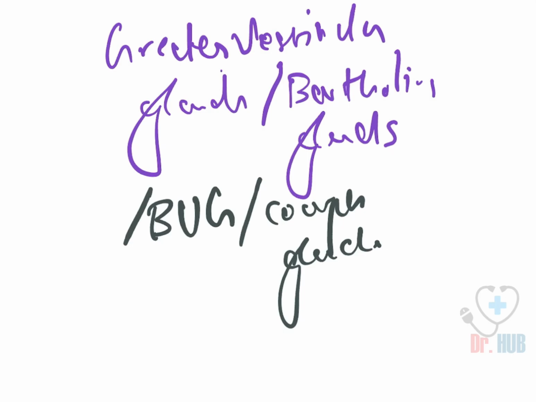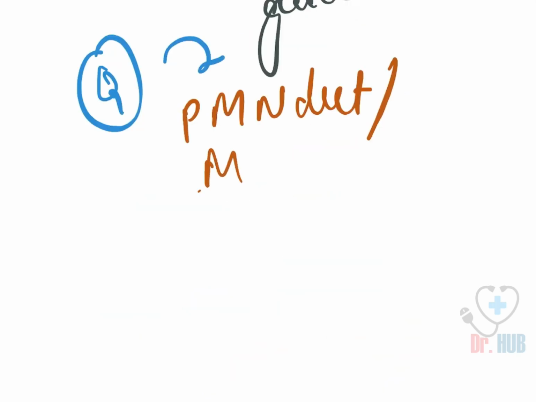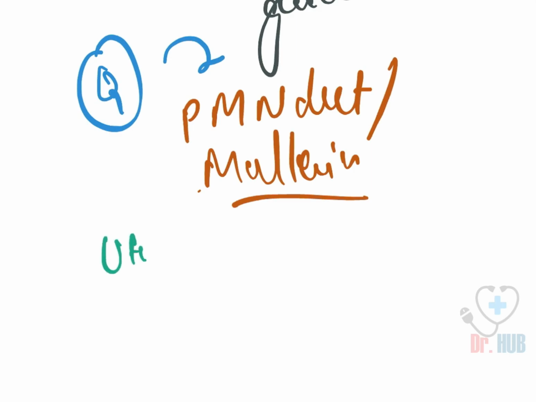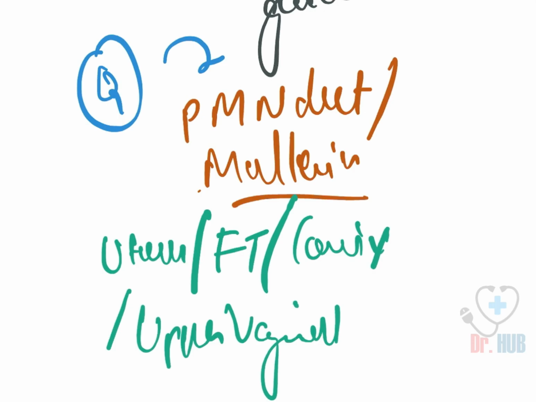Now, moving on to the last question. The last question we asked was, in case of the paramesonephric duct or the Mullerian duct, what are the structures? In case of the females, it includes the uterus, the fallopian tube, the cervix, as well as the upper vaginal wall.